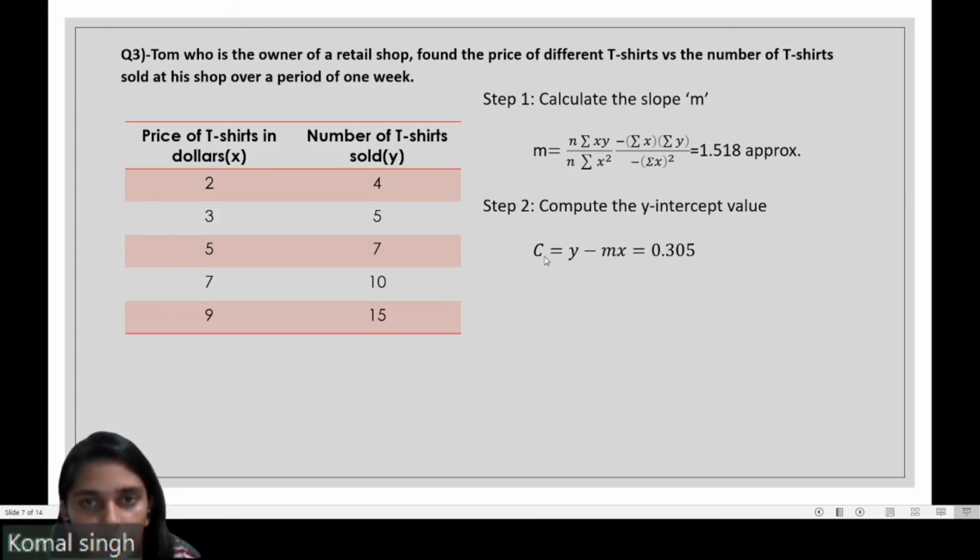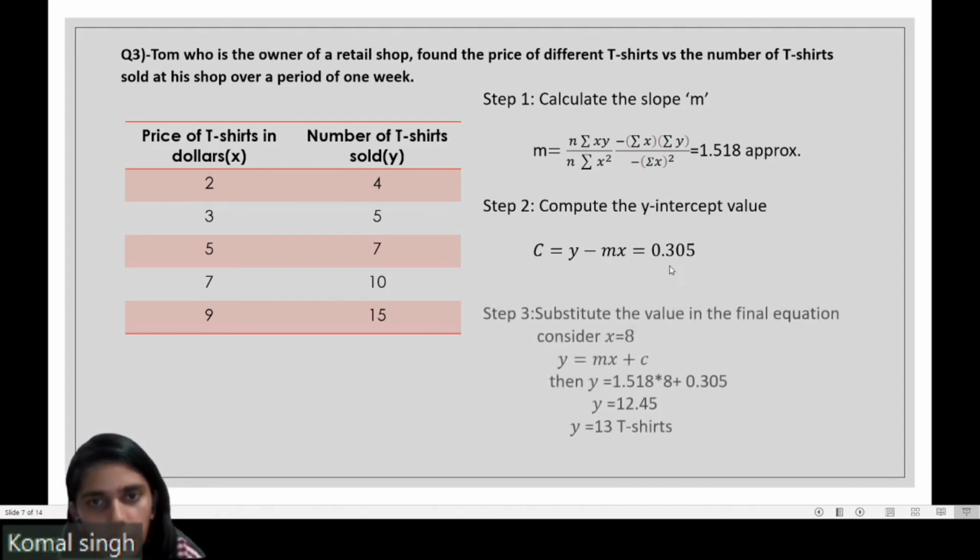Here I have written c, previously I had used b, so don't misinterpret it. c is the y-intercept value, and c = y - mx, like y = mx + c, so we have just reinterpreted that equation. So c = y - mx, the m value we know, and taking any value of x and y we find the intercept value.